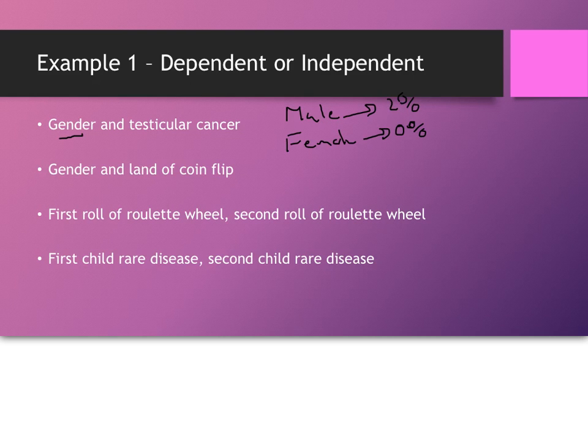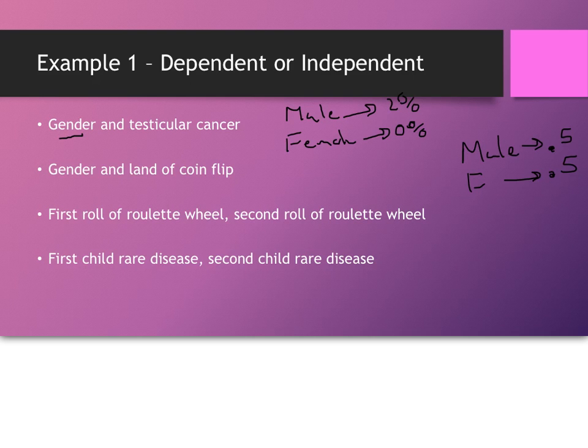Now, if we did gender and flip of a coin, if you were male, the chance that you got a head would be 0.5 or 50%. If you're female, the chance that you get a head is 0.5 or 50%. So notice that the gender didn't affect the outcome of a coin flip, right?